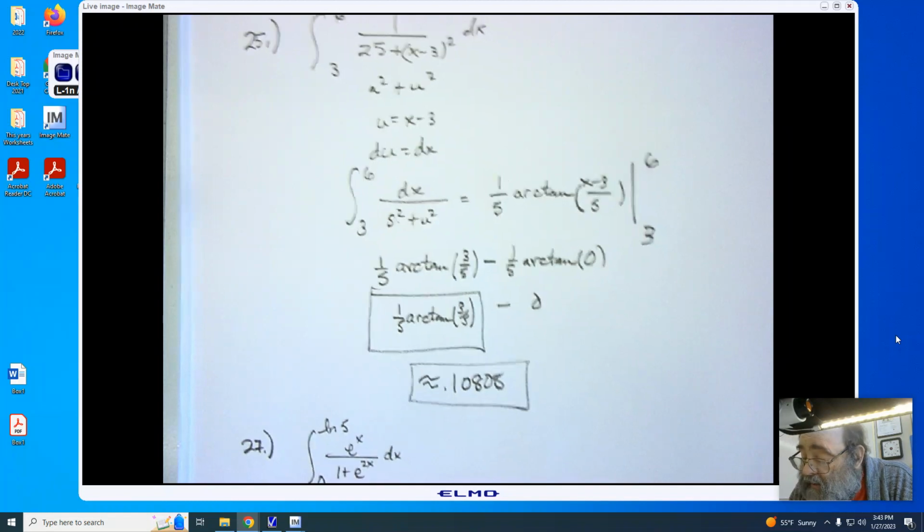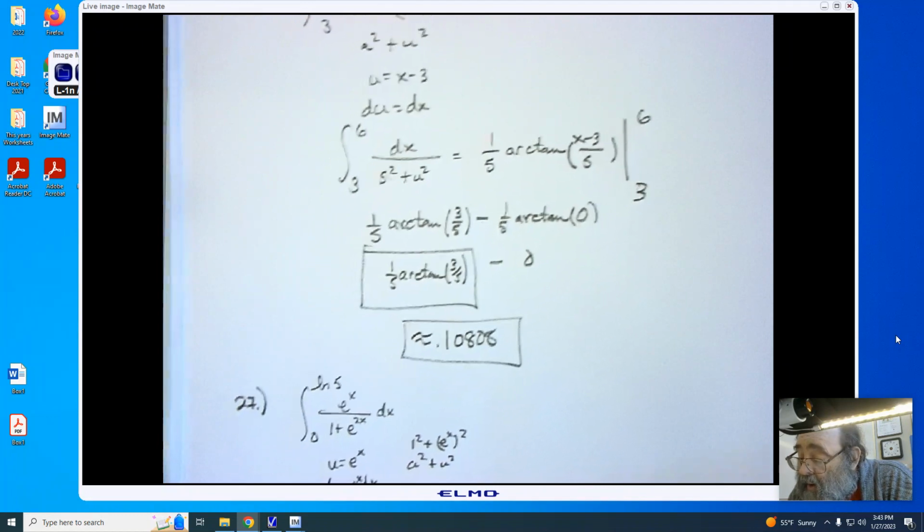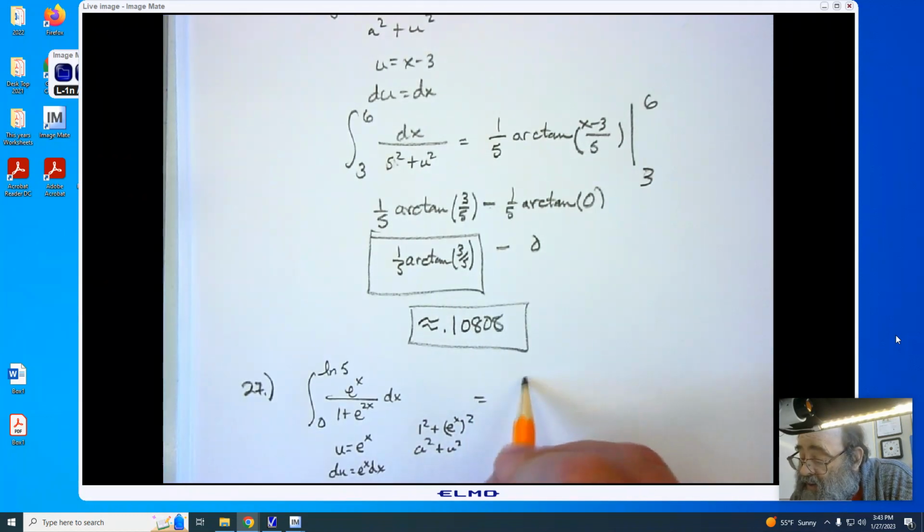Now I am going to look at this and say, well, if I have u equaling e to the x power, then the pattern that I have is 1 squared plus e to the x, the quantity squared, which is a squared plus u squared. That's the arc tangent, and therefore, if I have that, I know my du is e to the x dx.